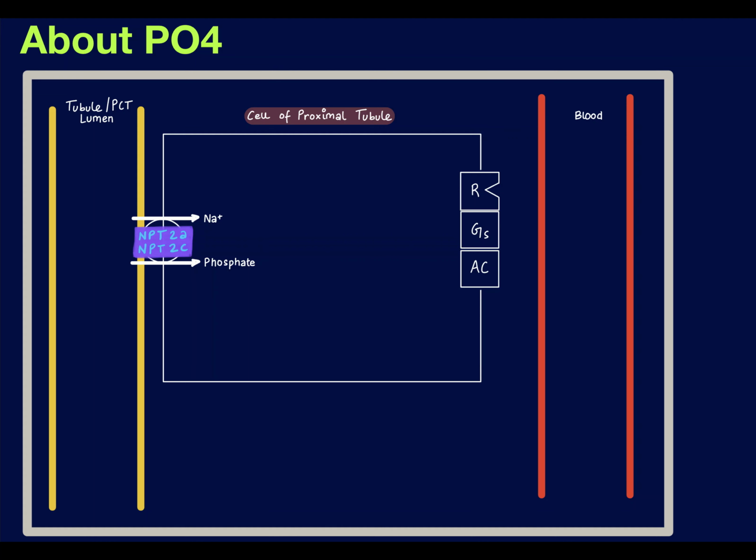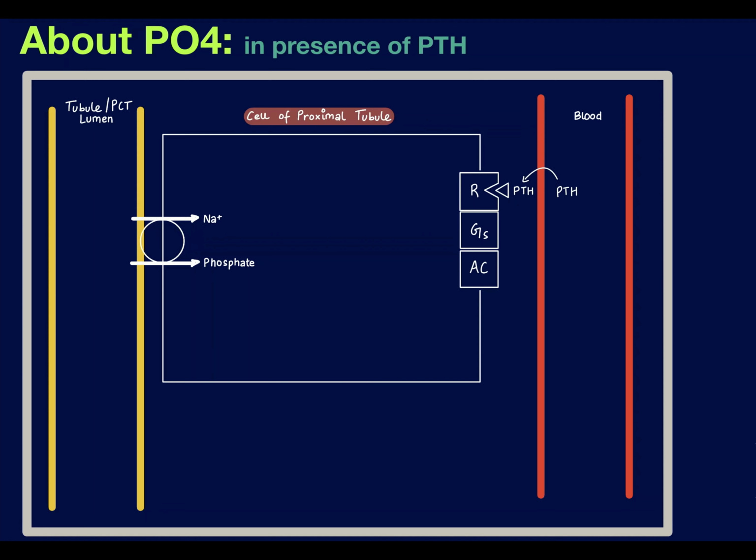So there is always a basal reabsorption of phosphate taking place at all times in the body. This basal reabsorption of phosphate can be altered by hormones and factors, which in turn are secreted in response to body requirements of calcium and phosphate. Now, let's see what happens to this basal reabsorption of phosphate in the presence of parathyroid hormone.